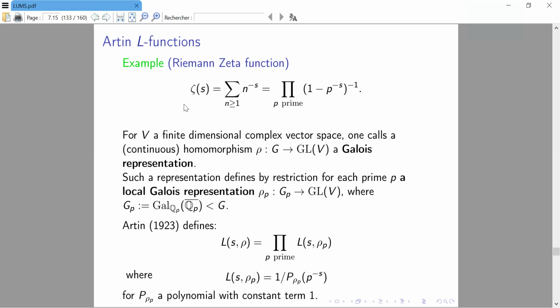But for example, the local Langlands correspondence is proved using a geometric method. Somehow you have your two groups, G_p and GL_n of Q_p. You construct some geometric space on which you have an action of G_p and GL_n of Q_p, such that both actions commute. And then this is a geometric space which has some cohomology spaces attached to it, which give you representations of both G_p and GL_n of Q_p.